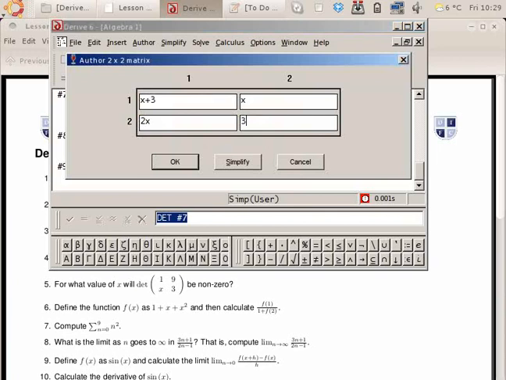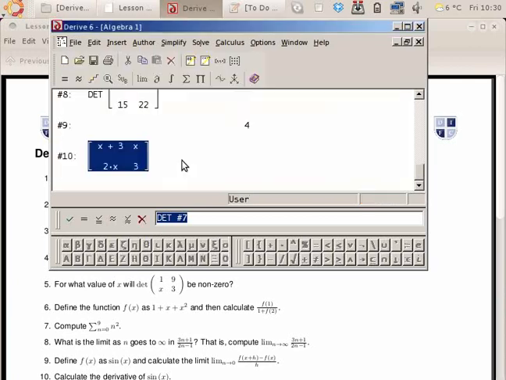So x plus 3, x, 2x, and 3. So x plus 3, x, 2x, and 3.